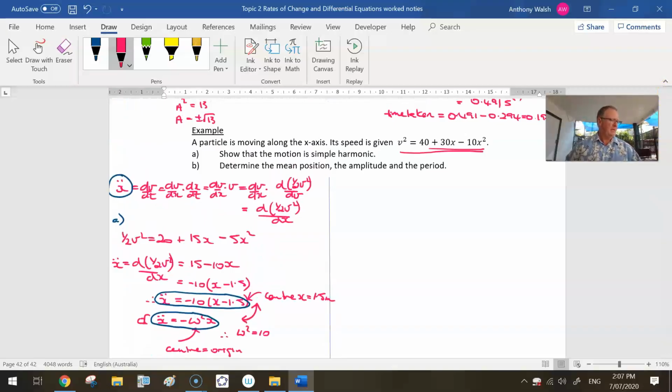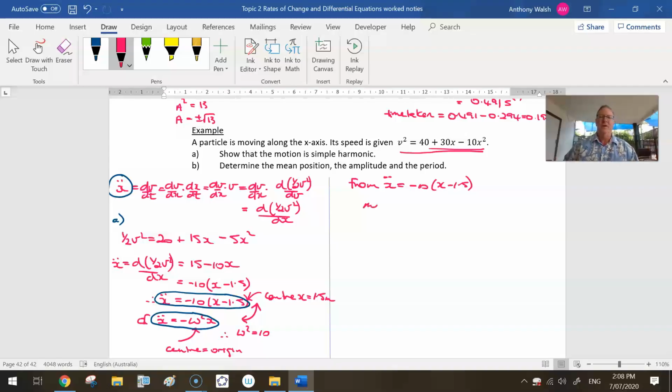It does say mean position, so what does it mean by that? Well, from the formula again for this particular case, which is the acceleration equal to negative 10 (x minus 1.5), straight from that we can read what the mean position is. Mean position is just where the center between the two extremes is going to be in a straight line.